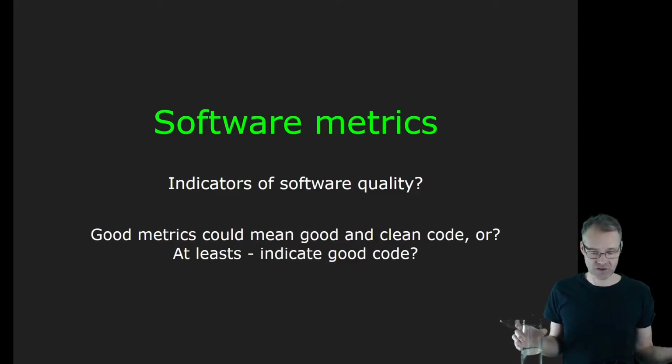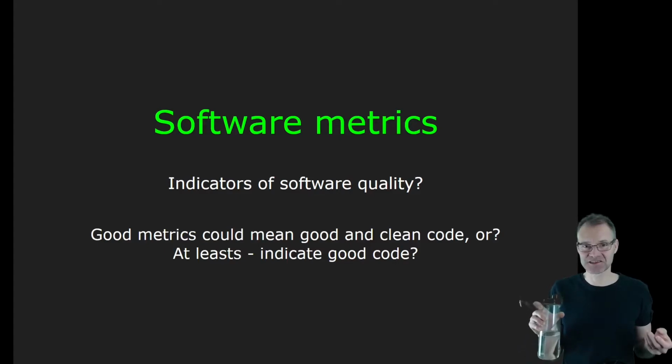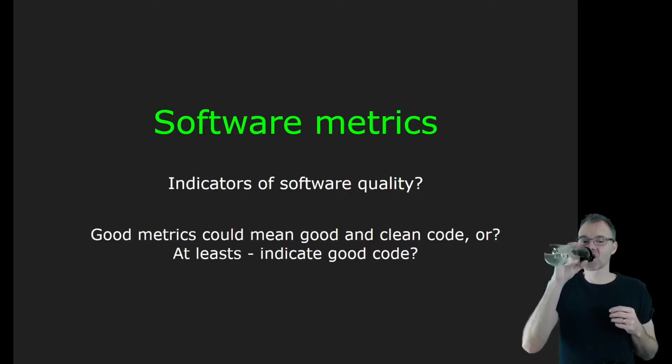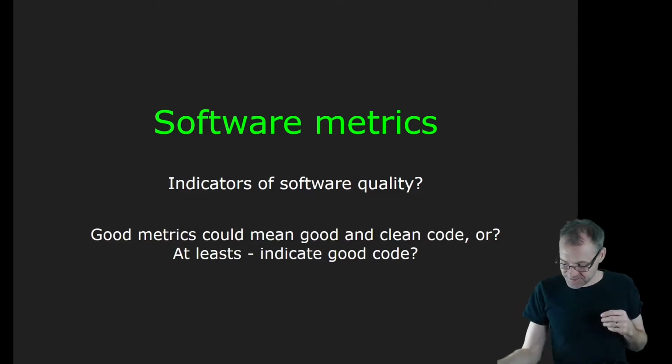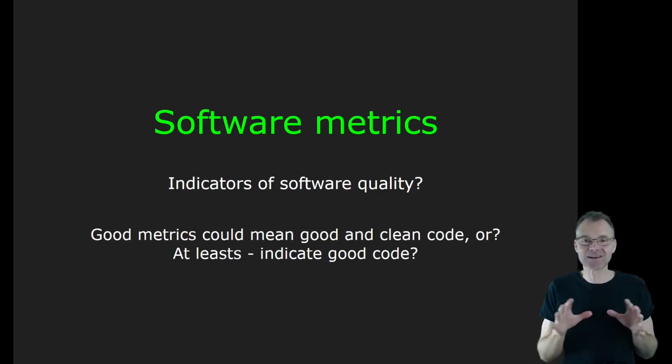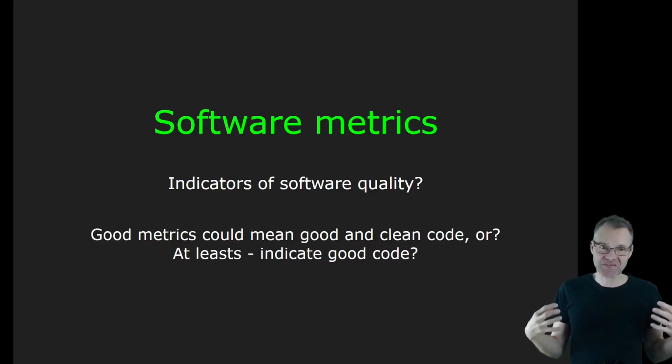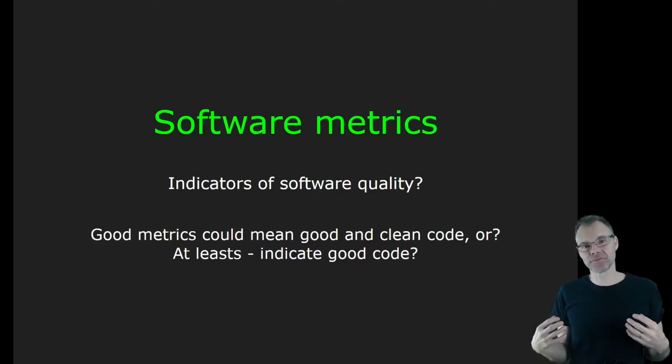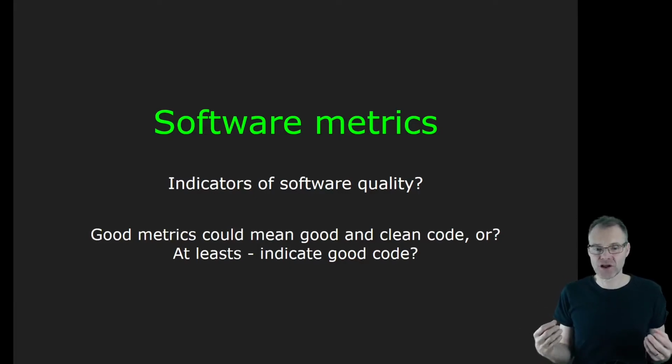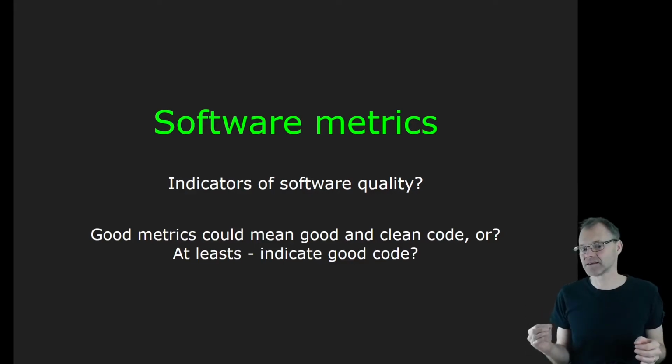And what sort of values or decisions are they basing this judgment on? And all these metrics, can they help us relate to what is good and clean code? Can they help us, to some extent, indicate what is good code?